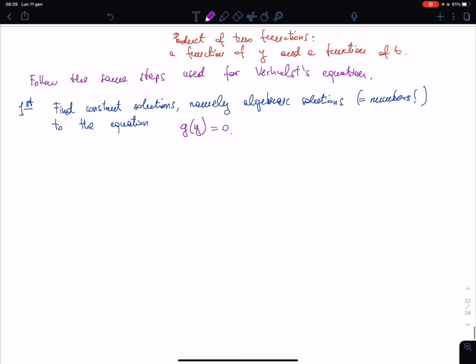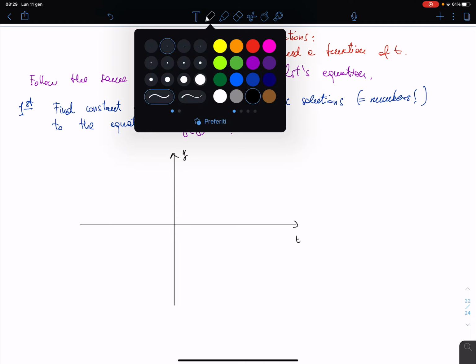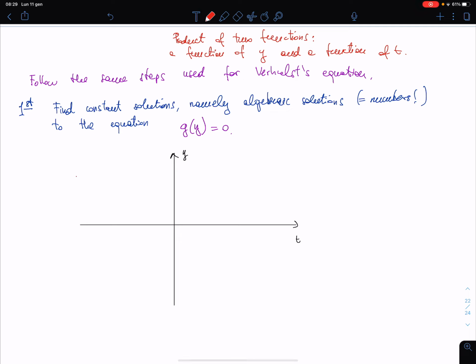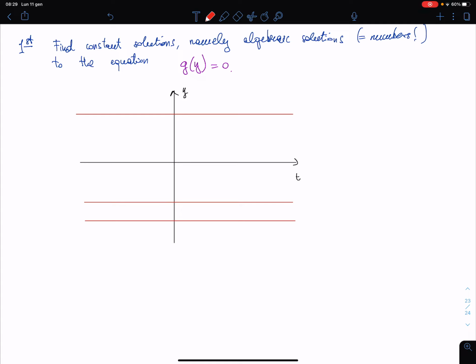Okay, and so here in this graph, in the plane ty, of course, these constant solutions are represented by horizontal lines, like this.